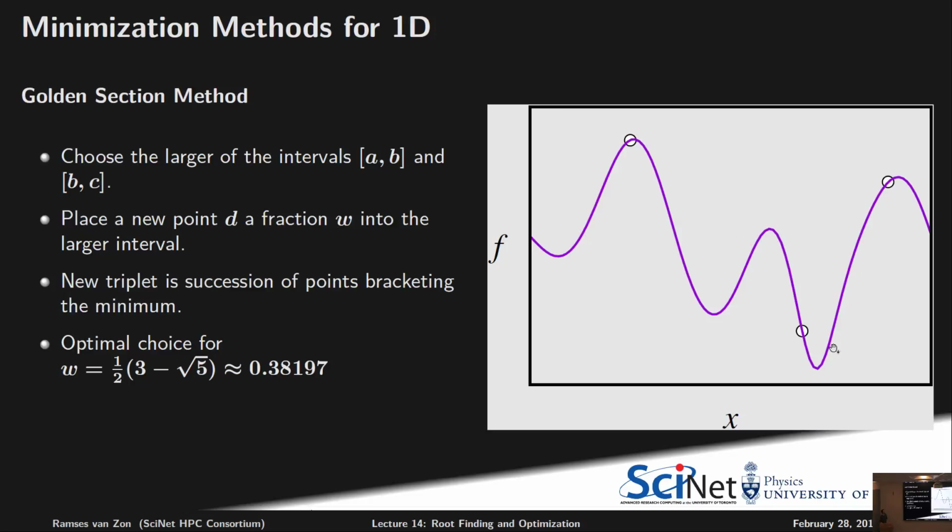These ones are the furthest apart, so that's the bigger of the two intervals. This other interval is smaller. And I'm going to go a fraction w away from the midpoint into that interval. That takes me there. So here's my new point, and I'm just going to see which of these 4 points, if I take 3 in succession, bracket another minimum. This one does not, because I keep going down.